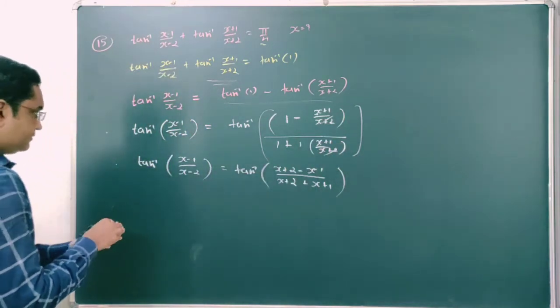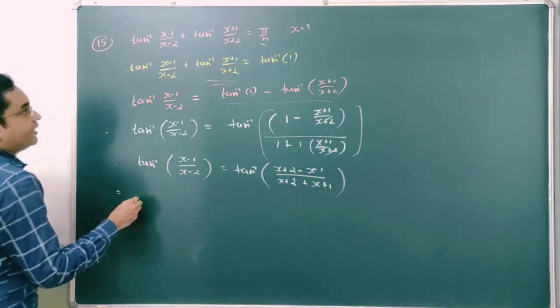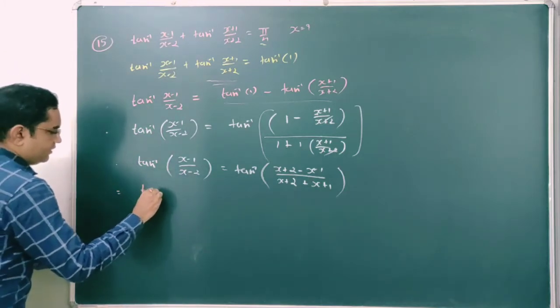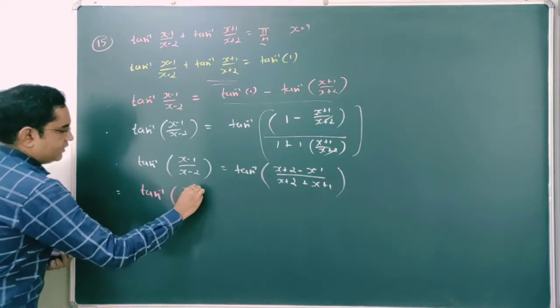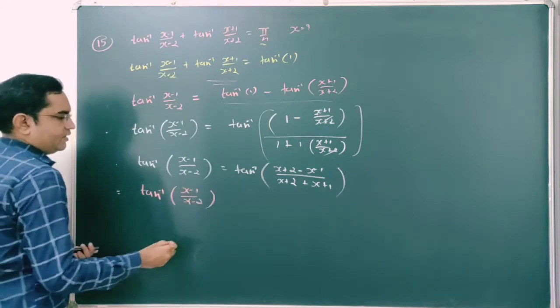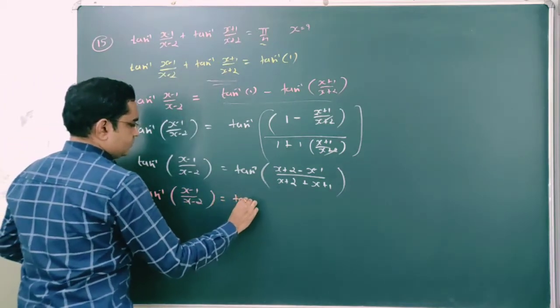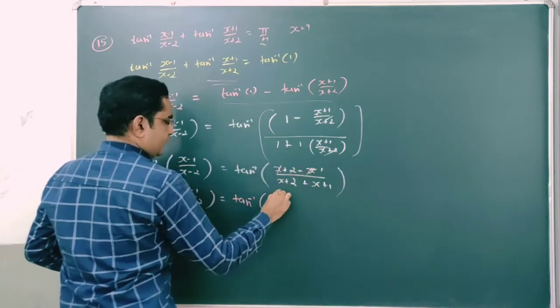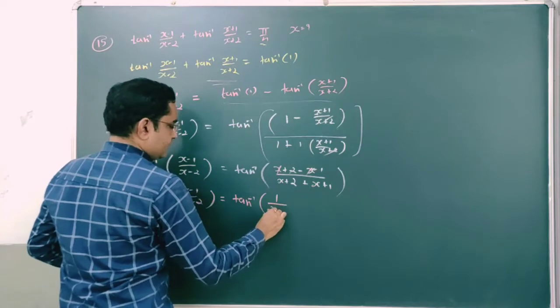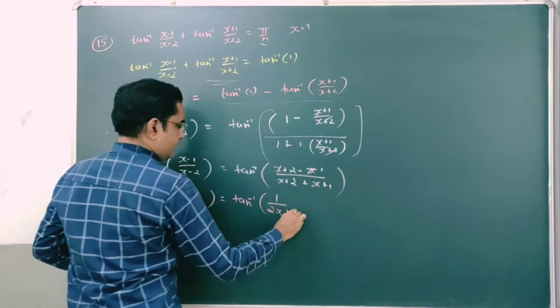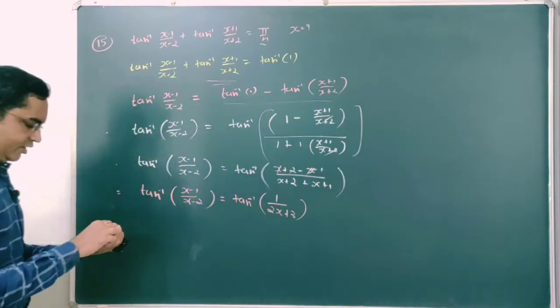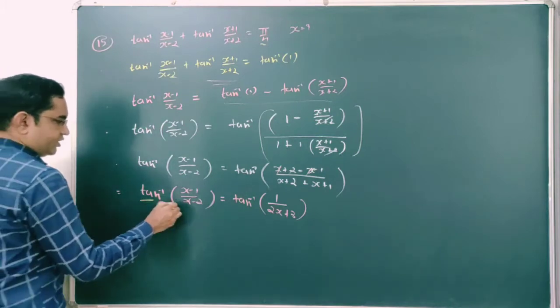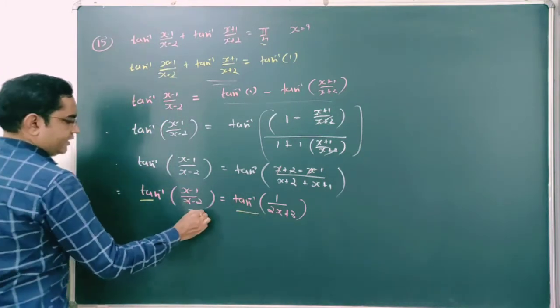So this one is tan inverse x minus 1 upon x minus 2. This is equal to tan inverse, x गया, 2 minus 1 is 1 upon x plus x, 2x, plus 2 plus 1, 3.